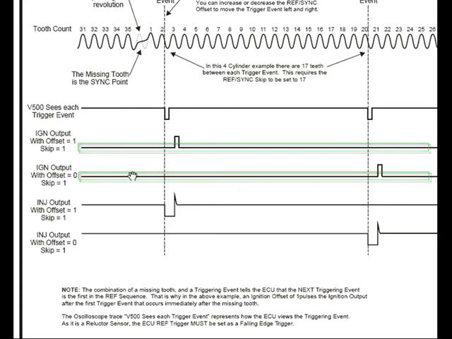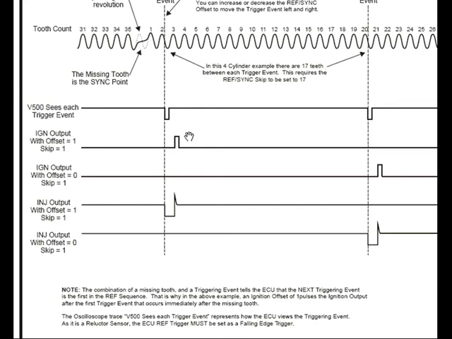These 2 lines here are ignition outputs. You'll see that with the ignition offset of this output set to 1, the first ignition event occurs directly after this triggering event here. With the ignition offset set to 0, as in this ignition output here, the ignition event occurs here.